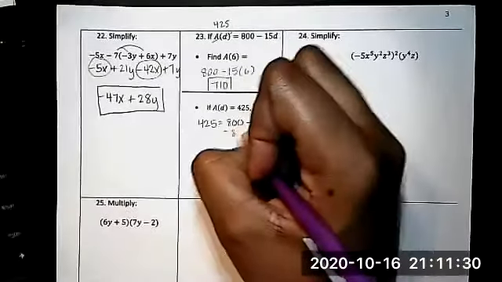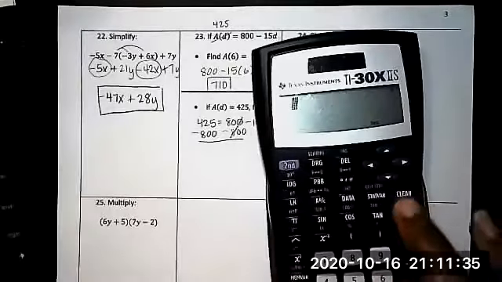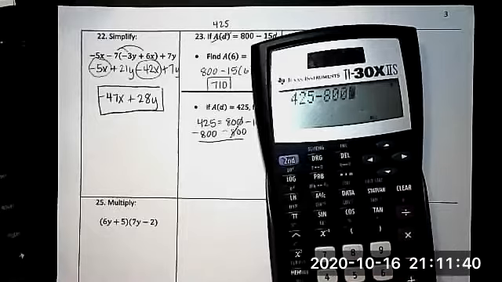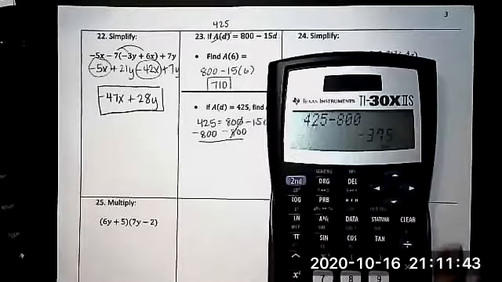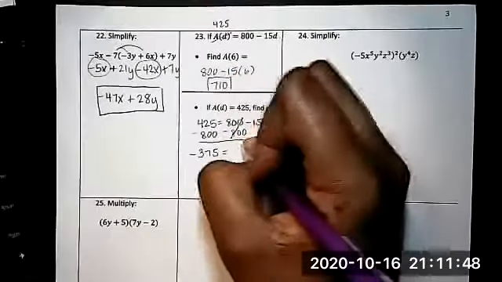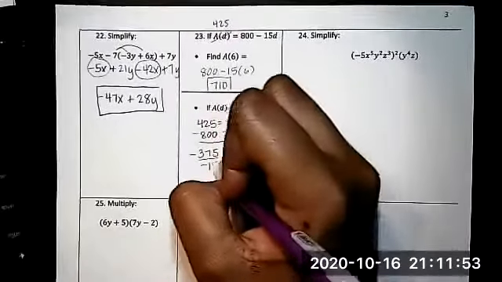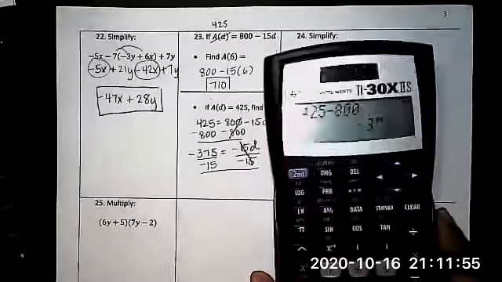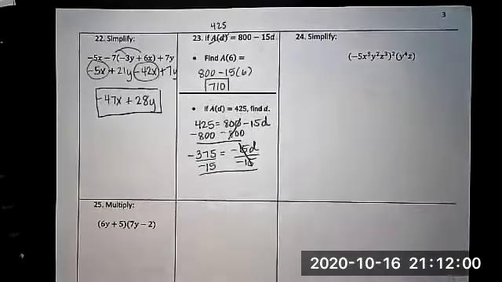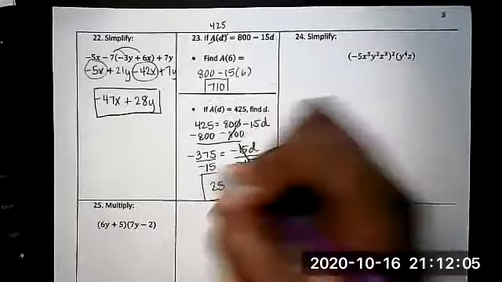Now I can subtract 800 from both sides. 425 minus 800 is negative 375, equals negative 15D. Divide by negative 15. So negative 375 divided by negative 15, and you get positive 25. So your D is equal to positive 25. That's how you get that. Okay?